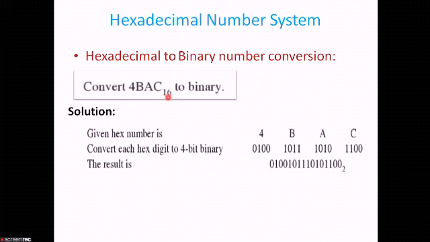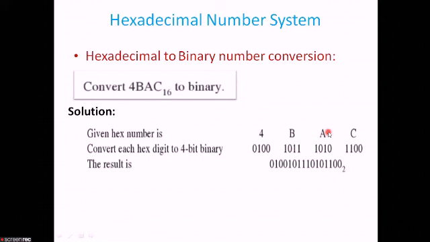To convert a hexadecimal number to binary, we have to replace each hex digit by its 4-bit binary group. You have to just replace each hex digit by its 4-bit binary number. So just write the given hex number, 4, B, A and C, and write the corresponding 4-bit binary numbers. 4 is 0100, B is 11, so it is 1011.